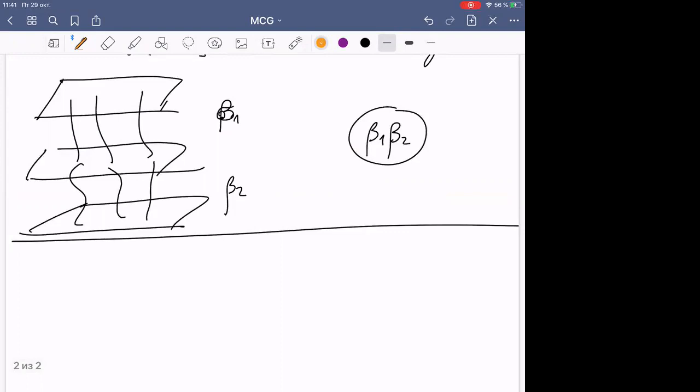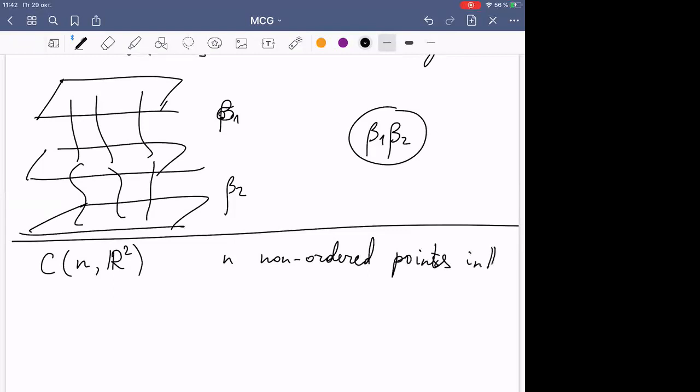So we can consider the configuration space of n non-ordered points in R2.